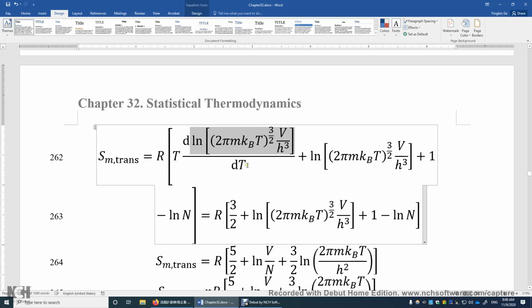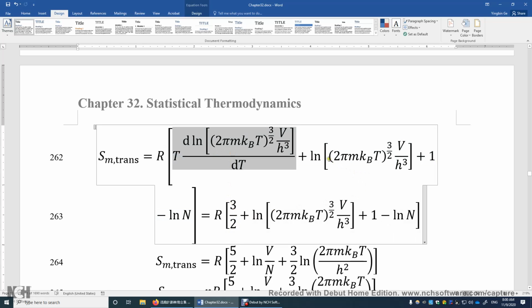So that's why we assume d Ln V over dT is 0. And then we have only 3/2 times Ln T. Its first derivative is 3/2 divided by T, and then multiplied by T is just 3/2. So the first term is just 3/2.